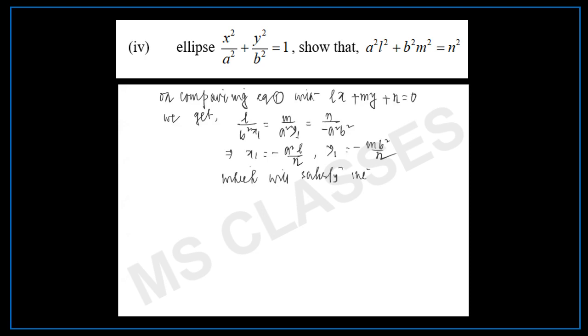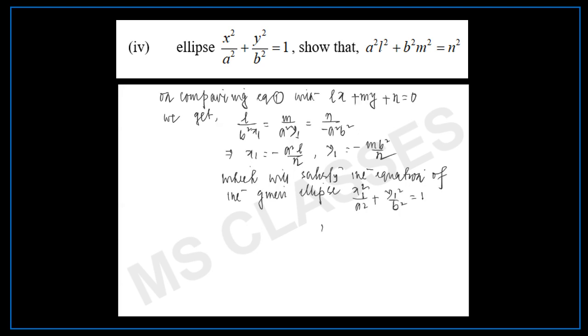the equation of the given ellipse. That is x1 square by a square plus y1 square by b square equal to 1.